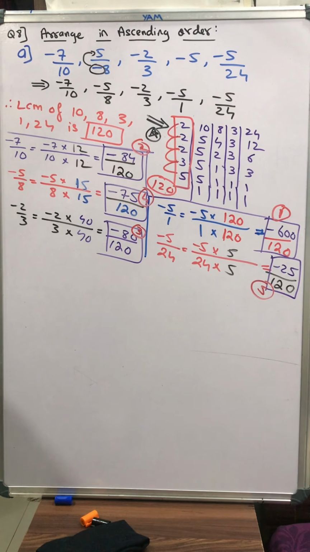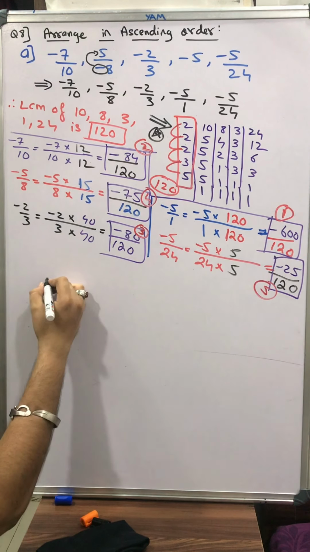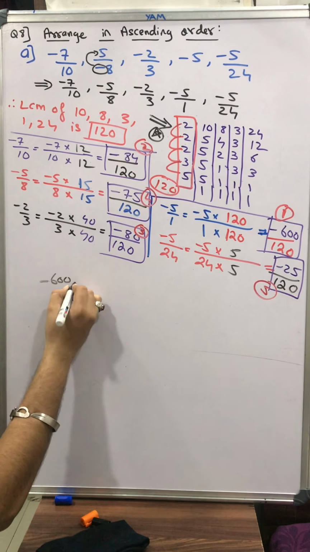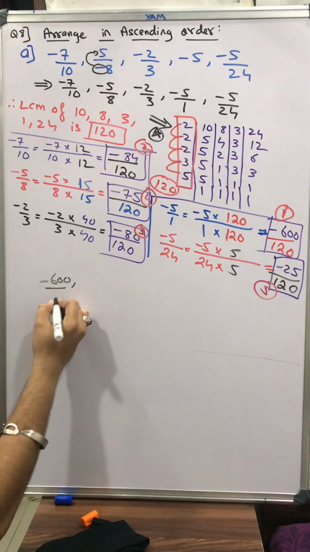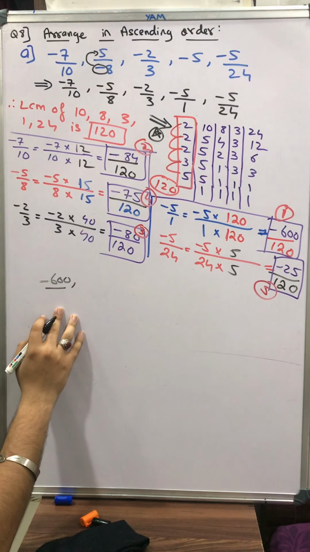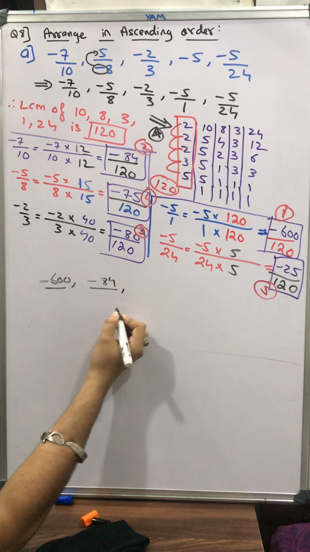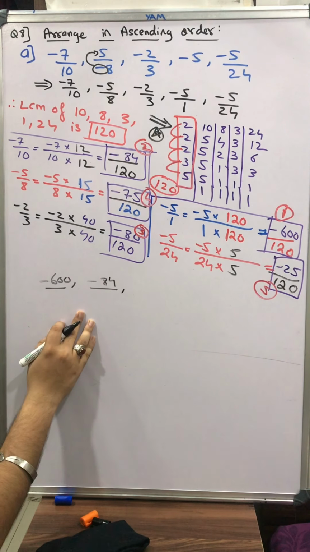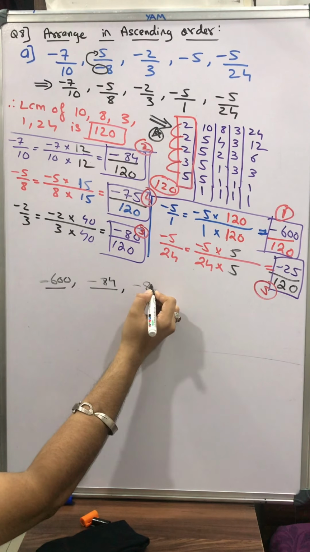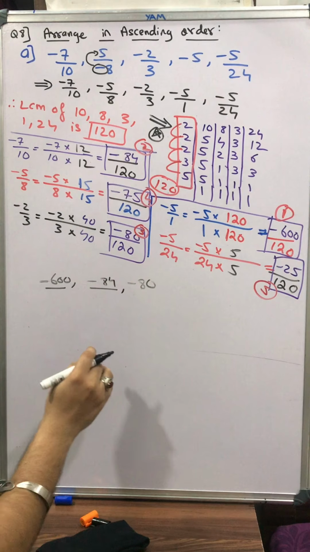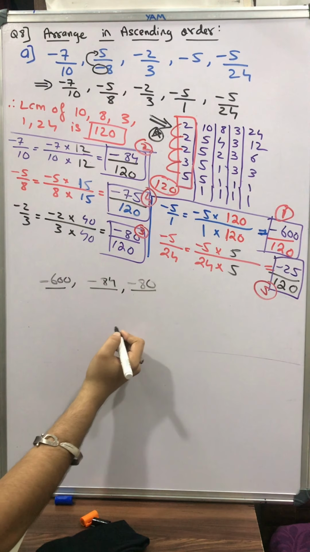Let me write it quickly over here. Students, pay attention. First one is minus 600, of course upon 120 will come, I'll write afterwards. Second one is minus 84, upon 120 will come. Third one is minus 80, upon 120 will come.